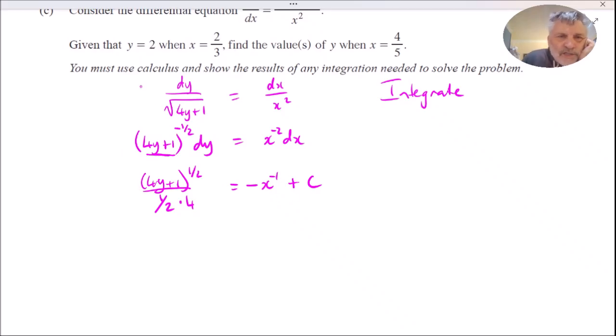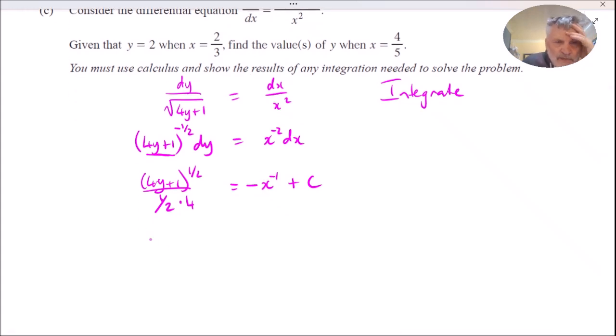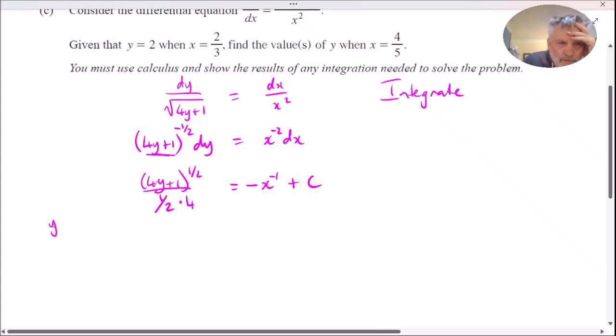We can determine C by just putting y equal 2 and x equal to 2/3 into this equation to see what happens. What do we get?